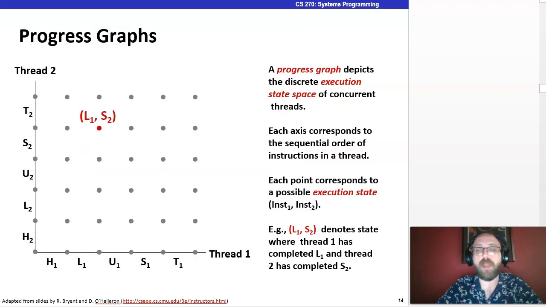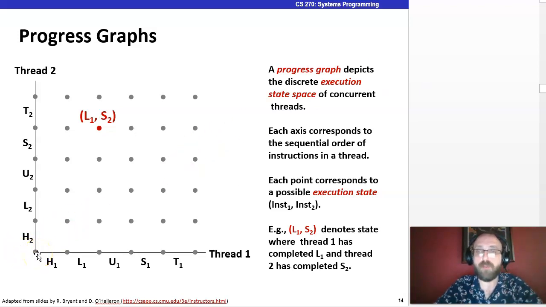So let's take a look at a way to model that so that then we can see what we can do to solve it. So this is a process graph. It shows what these two different threads are doing.